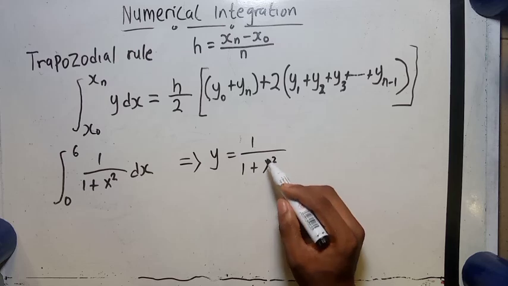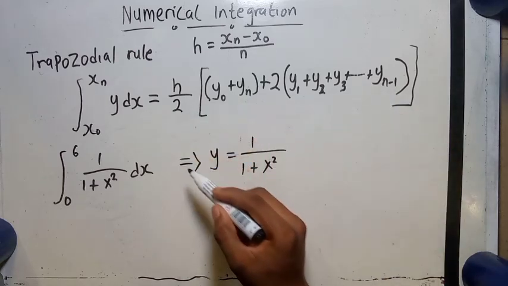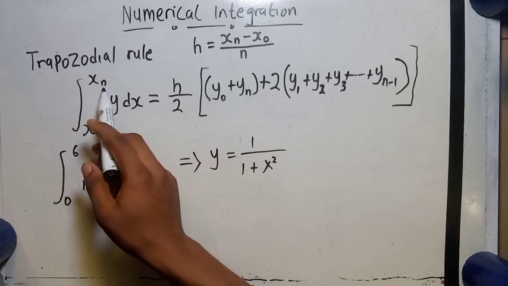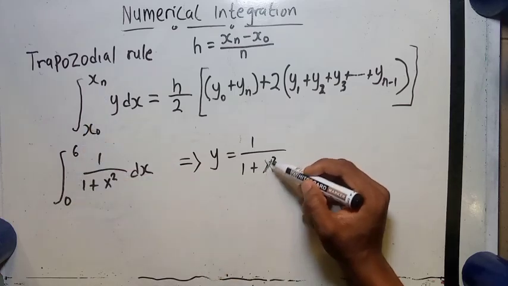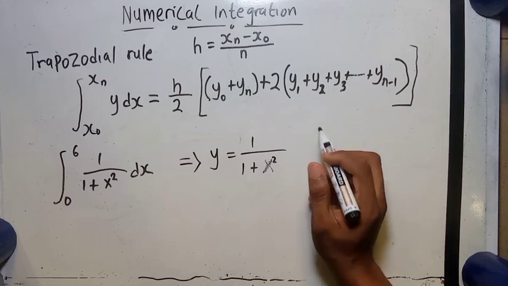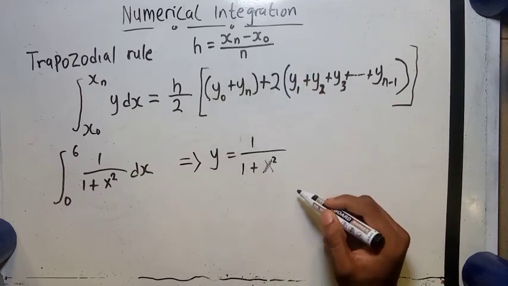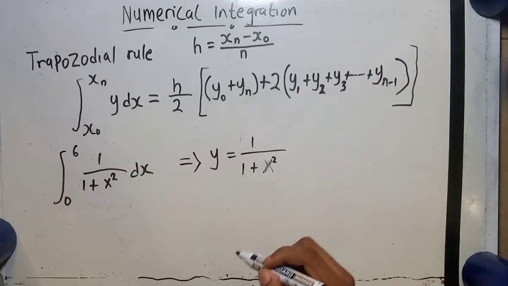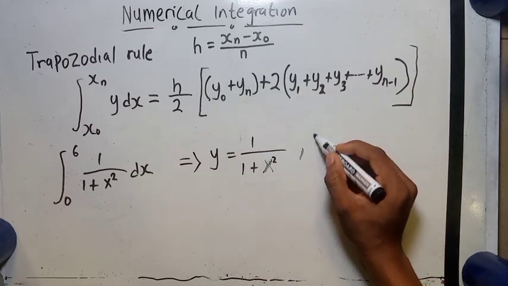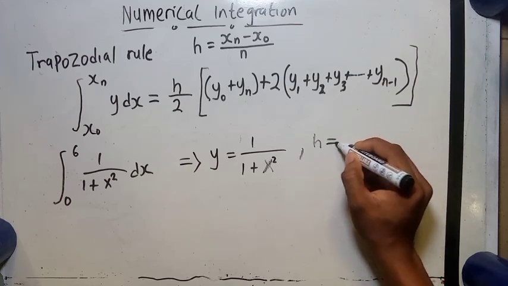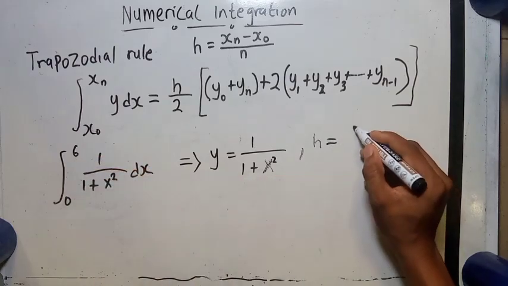So if we want to get the values of our corresponding y's, we need to get what our x's are. Now, our h, representing the interval, is going to be this guy minus this guy.